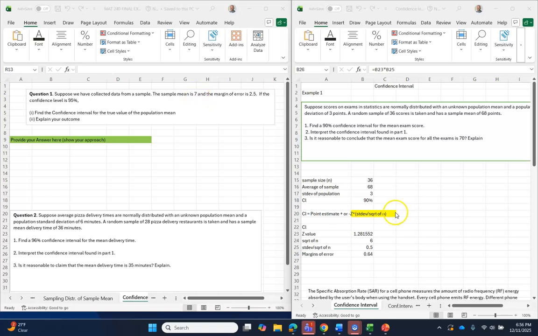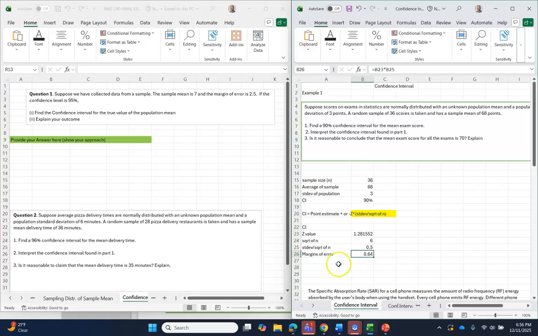That's your point estimate, and for me my point estimate is 68. So we'll take the point estimate plus or minus the margin of error to get the lower bound and the upper bound.